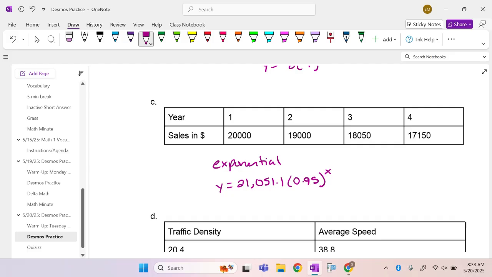All right, Riley E, what was the other best fit equation? Adeline, what was the other best fit equation? Caroline, what was the other best fit equation? Ralph, what was the other best fit equation?